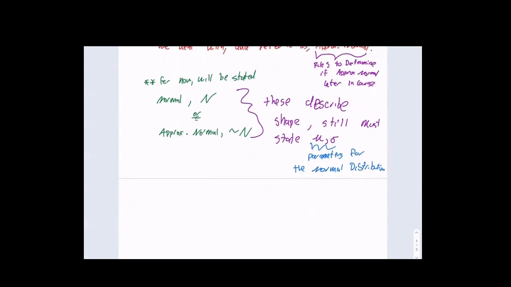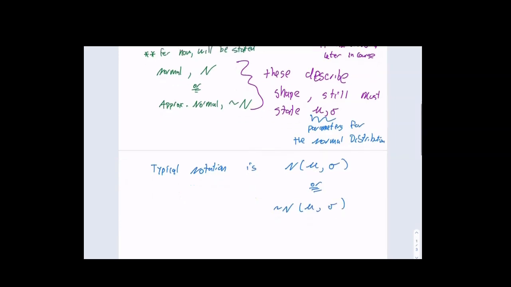So typical notation is N(mu, sigma), or approximately normal with mean and standard deviation.